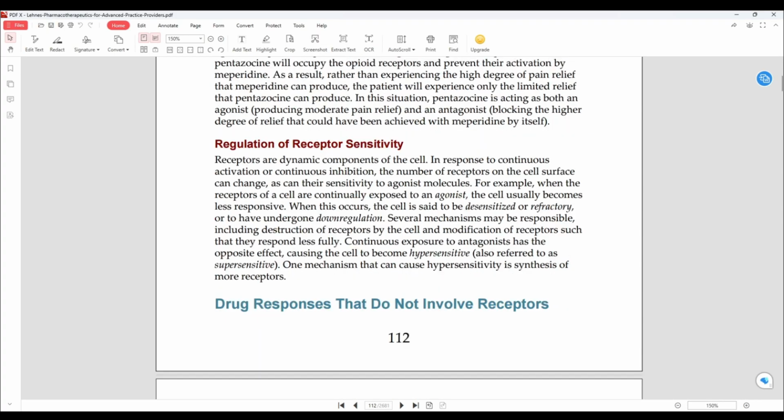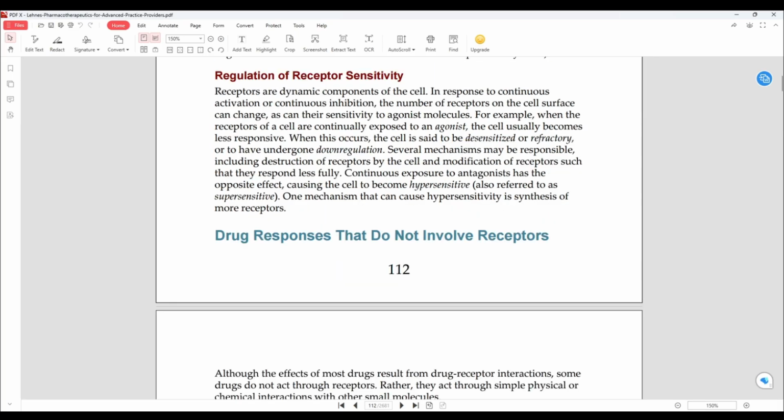The regulation of receptor sensitivity. Receptors are dynamic components in the cell. In response to continuous activation or continuous inhibition, the number of receptors on the cell surface can change, as can their sensitivity to agonist molecules. For example, when the receptors of a cell are continually exposed to an agonist, the cell usually becomes less responsive.